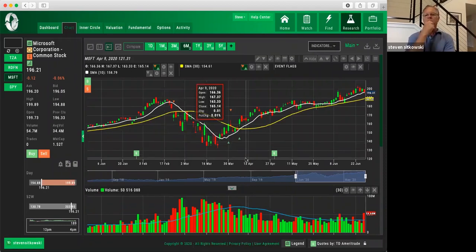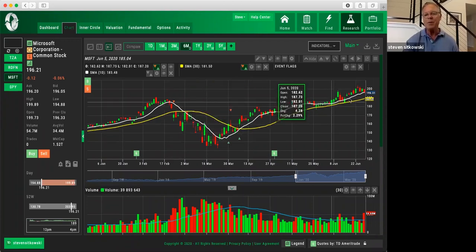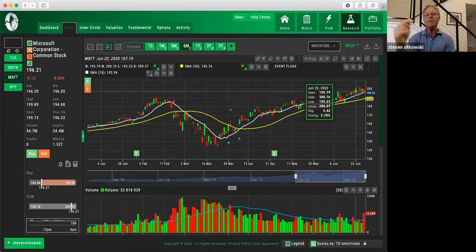Okay. So a little variation on just the 30-day is if we combine the 10 and the 30, we simply say, hey, look, when the 10-day moving average crosses above the 30, we are bullish, and we continue to be bullish until such time as the 10 crosses back below the 30. That's one way to do it.